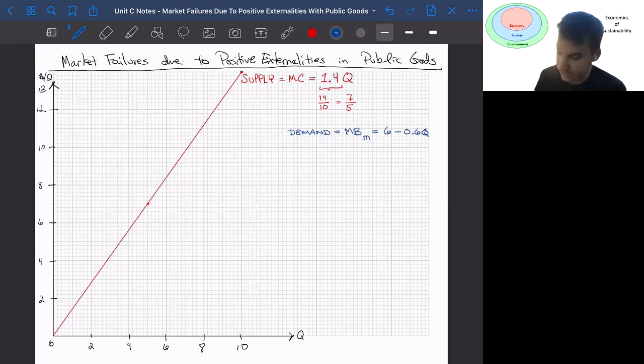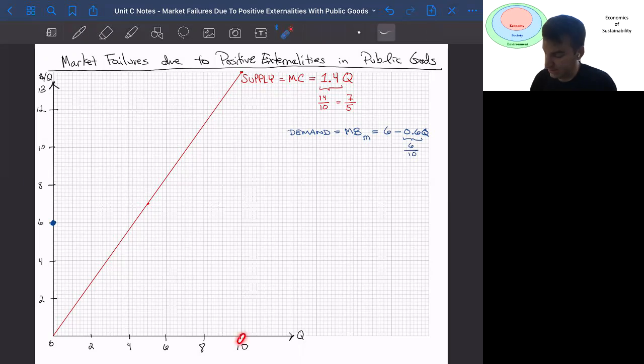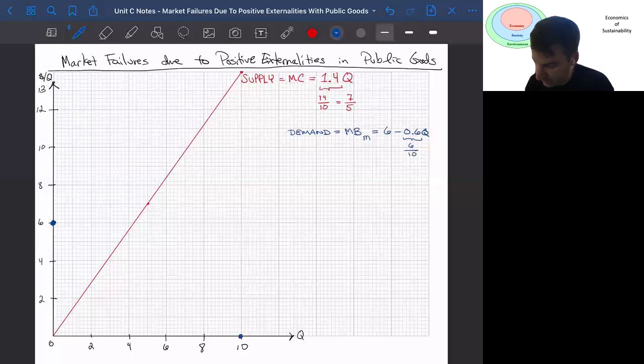So if I go over here, I say, well, there's 6, and this 0.6 means that for every run of 10, you fall 6. So 10 is down here, and 6 is this whole distance. So that means that I'm actually going to intersect the axis right here.